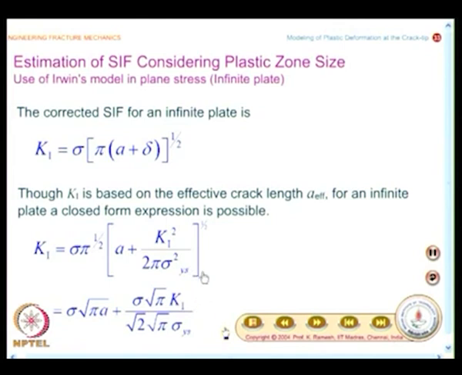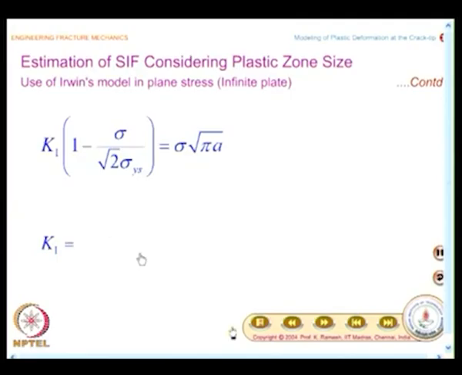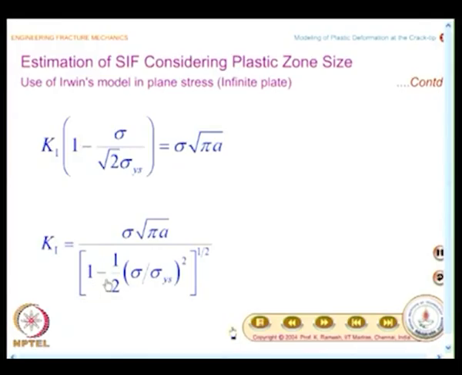These are all intermediate steps, and we would finally get the expression for K1 in this fashion: K1 equal to sigma root of pi a divided by (1 minus 1 by 2 (sigma by sigma ys) whole squared) whole power half.